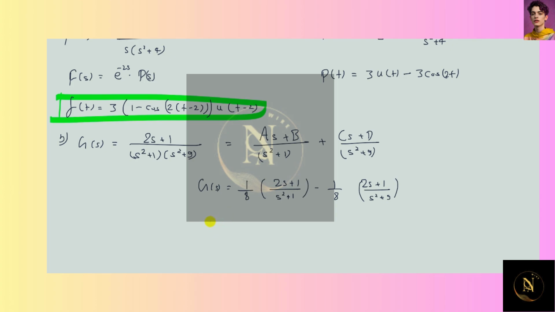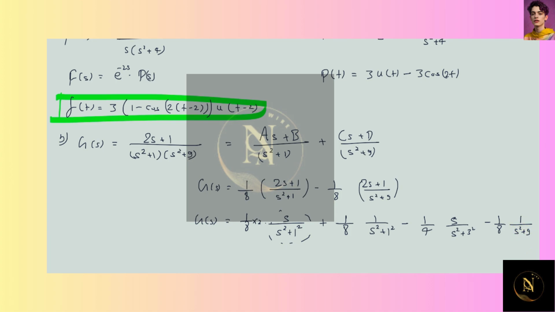This would be 1/8 multiplied with 2, so (1/4) s/(s² + 1), whose inverse is cos t, plus 1/8 times 1/(s² + 1²), which is sin t, minus 1/4 times s/(s² + 3²), and minus 1/8 times 1/(s² + 9).